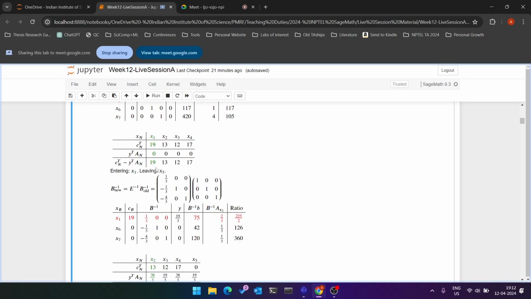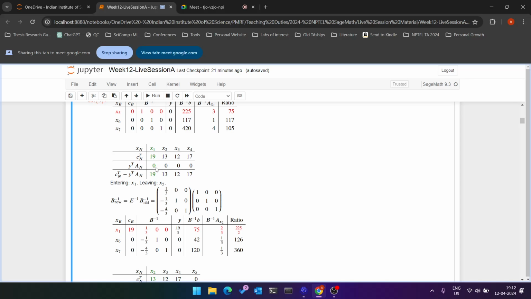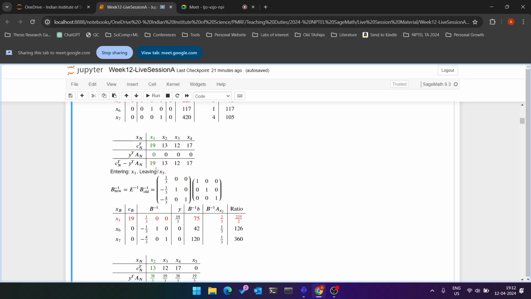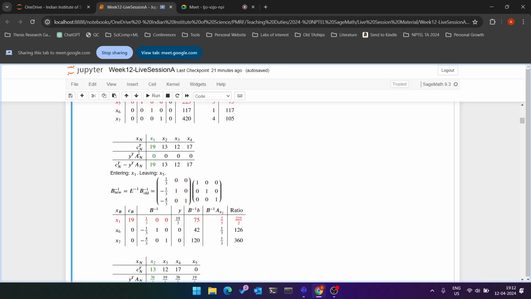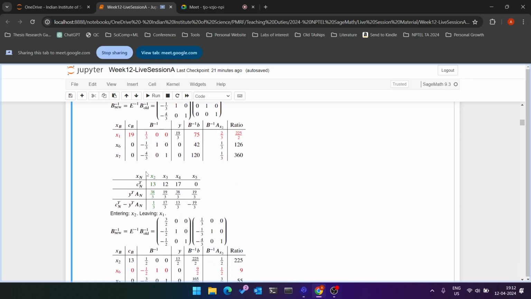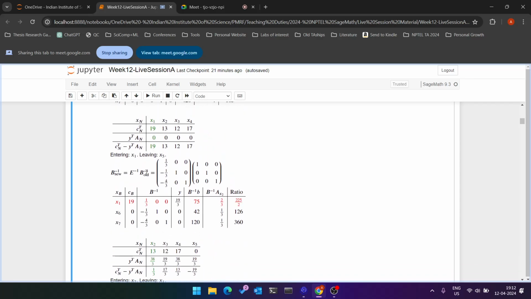From this, we calculate our current reduced cost coefficient with respect to our non-basic variables in the form of C_N transpose minus y transpose A_N. If this reduced cost coefficient is positive, then the current feasible solution is optimal. If not, we keep on iterating.